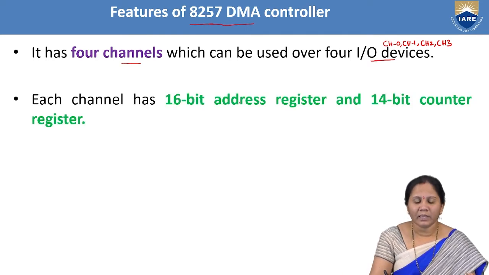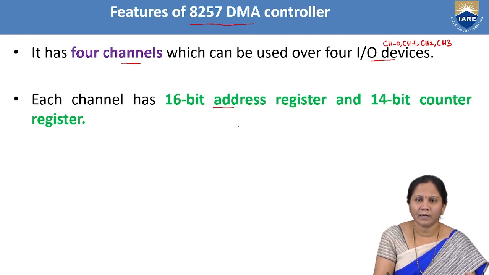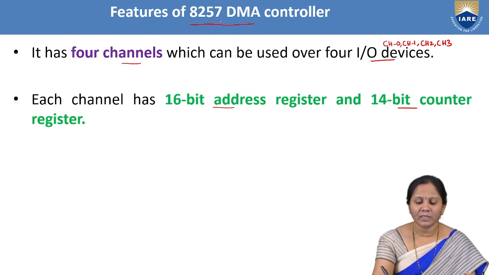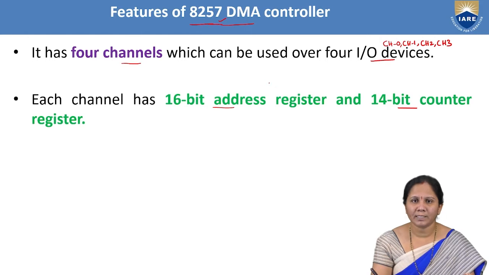Another feature is, each channel has a 16-bit address register and a 14-bit counter register. So this 8257 DMA controller is a programmable IC.